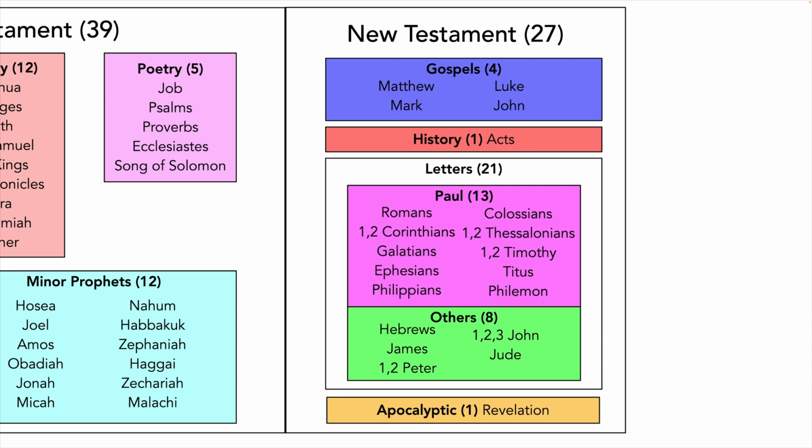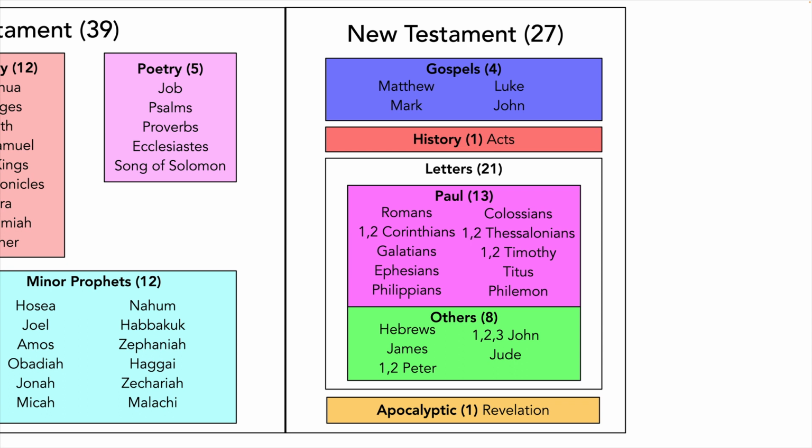The letters in the New Testament number 21, and the Apostle Paul wrote 13 of those. By letters, we mean a particular correspondence from a particular individual to another individual, or in many instances to a particular group of individuals in a church. And understanding that is really pretty helpful because it gives us a sense of the structure of the writing, the things that the author was attempting to accomplish.